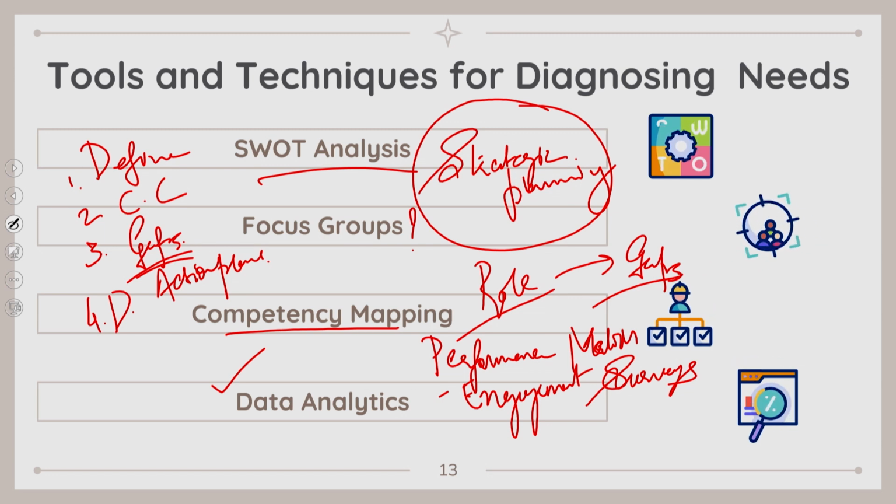And then turnover rates, which monitor retention data to identify turnover hotspots. High attrition in entry level positions might point to dissatisfaction with the initial training experience.